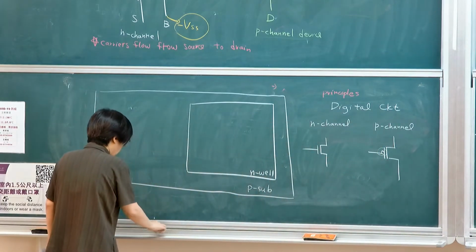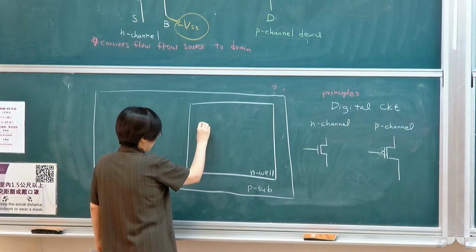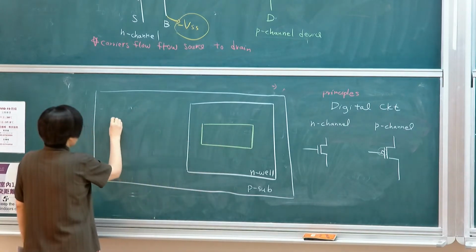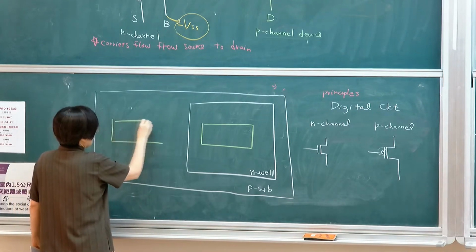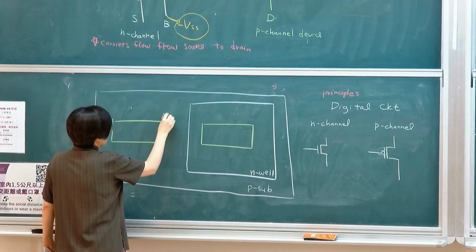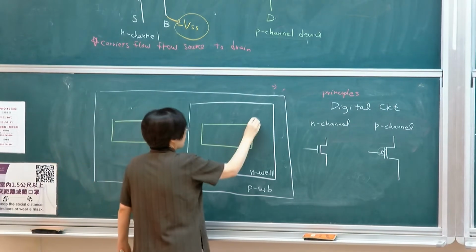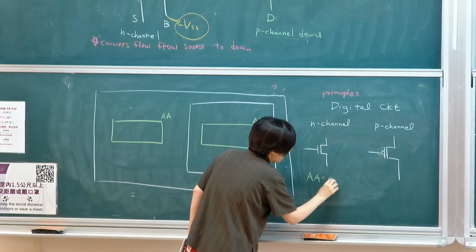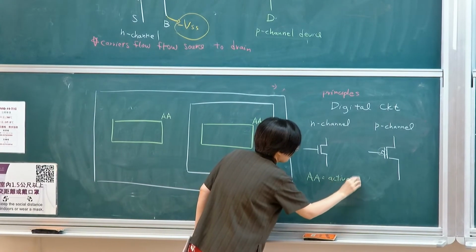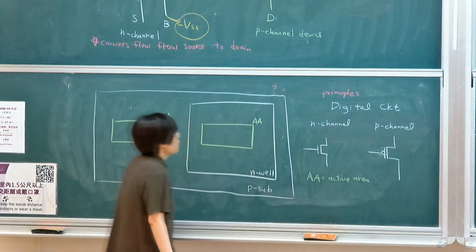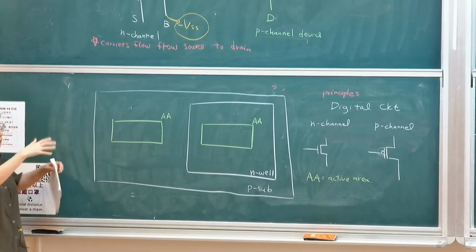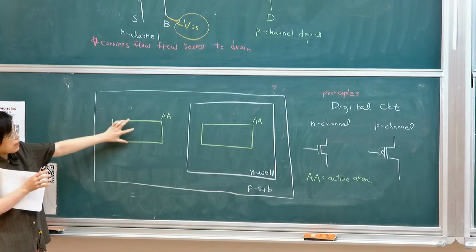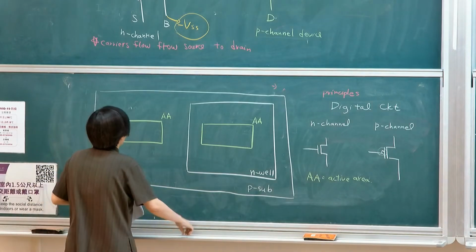You want to make sure that you open up to the surface with a window. This is called the active area. I'm going to explain what AA stands for. The other part, which is not opened by the active area, is covered by isolation.